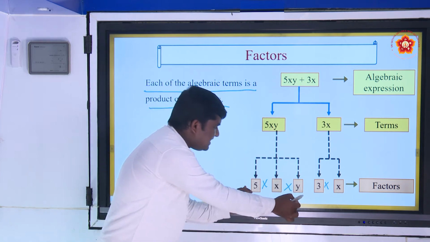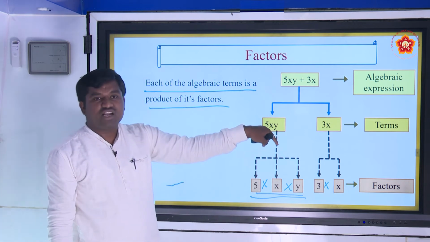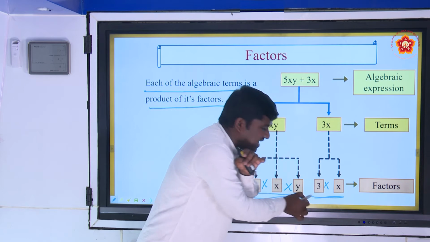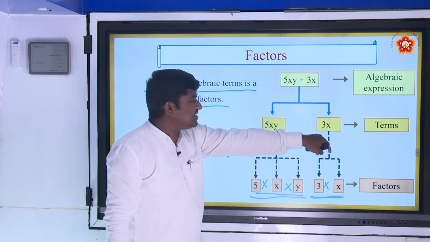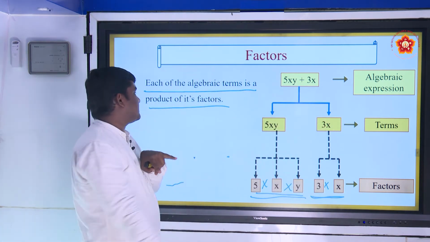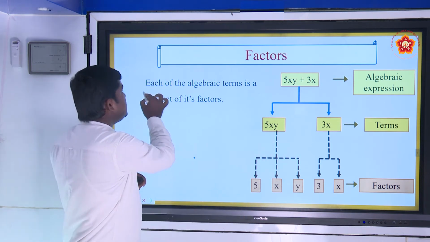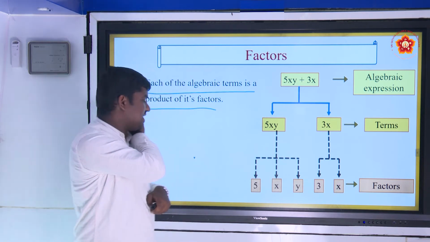When we multiply these three factors, we will get the term 5xy. In the same way, if we multiply 3 and x, we will get 3x. 3x is a term. Okay, 3 and x are factors of 3x. Yes, so factors means each algebraic term is a product of its factors.